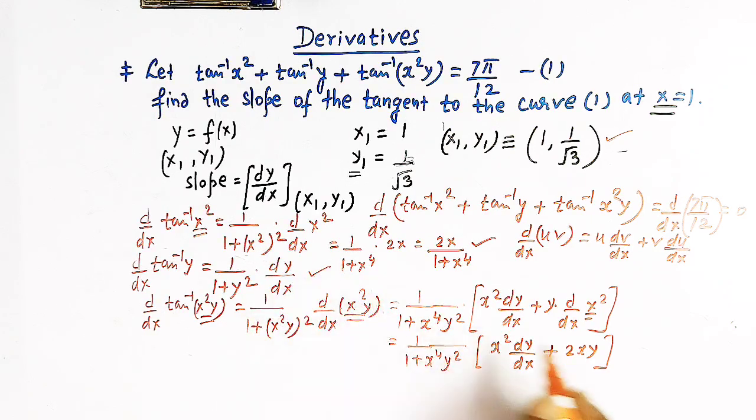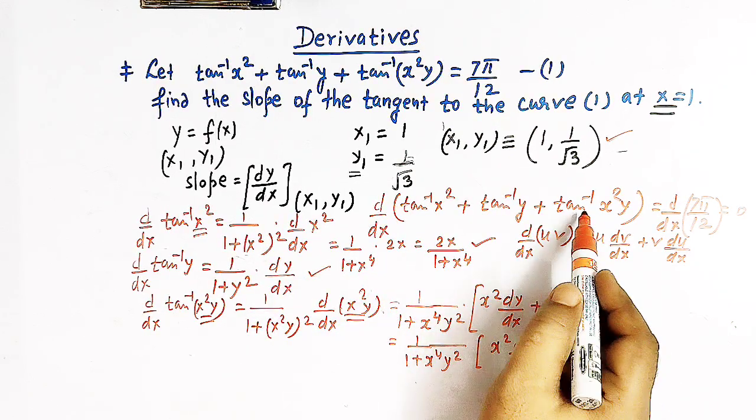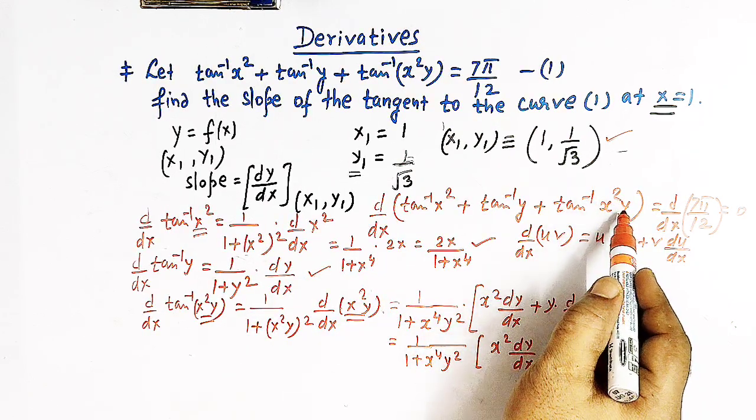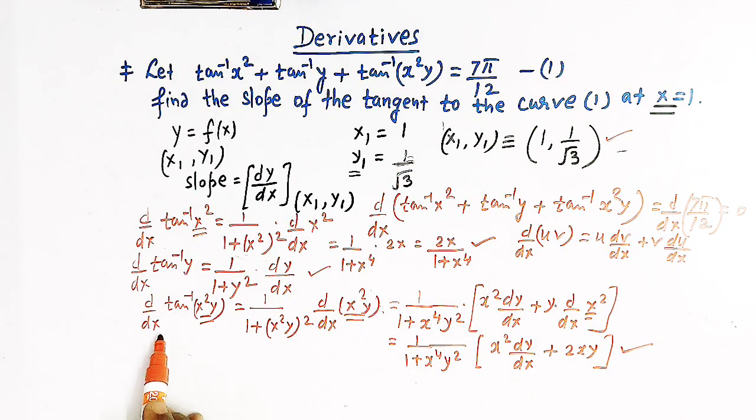So we have obtained the derivative of tan inverse x square y with respect to x, right?